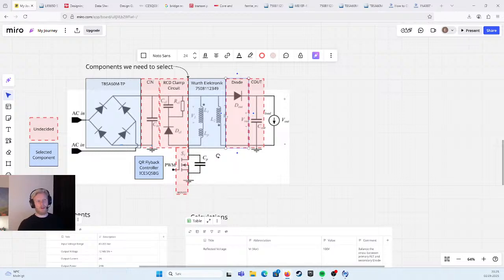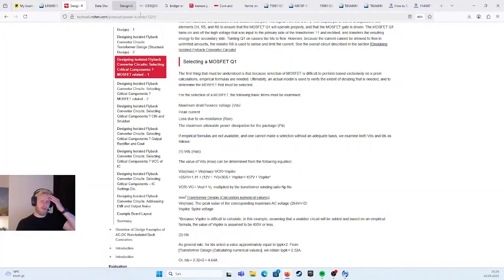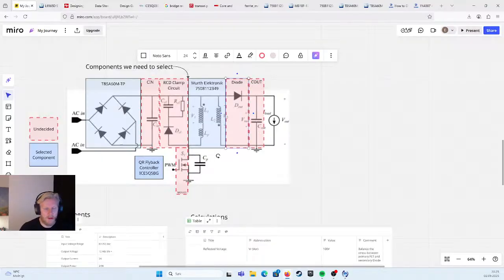I'm kind of jumping a bit ahead. Actually, I could be following this one and going through the MOSFET and everything, but it's fun just to select the components as you go.